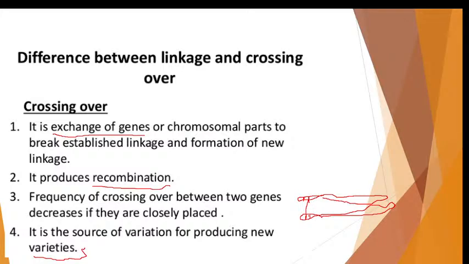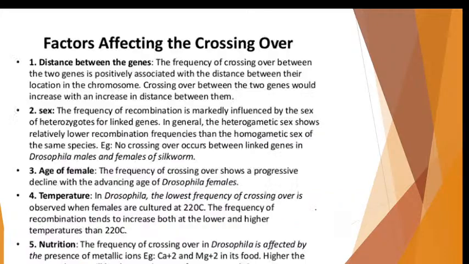As a result of recombination, even the linked genes can be displaced, that can be separated into two different cells. So as a result of this recombination, variations are formed, because there is crossing over of these chromosomes.